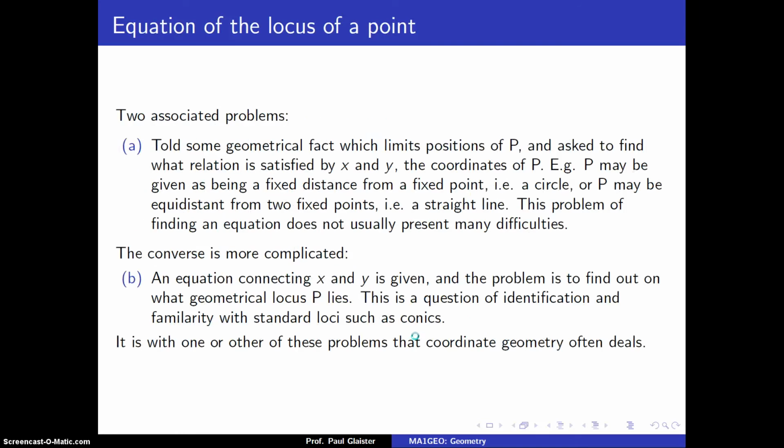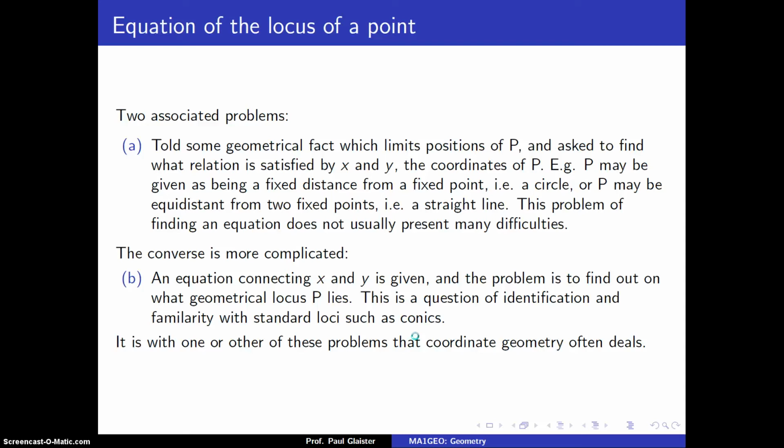Now, there are two types of problems that we will typically be looking at. One is much easier than the other. Typically, we're told a geometrical fact, some rule, from which we can determine the equation of a locus. What's more difficult, and is what usually arises out of solving some different problem, is a locus appears, some equation, and one wants to be able to identify what that is, whether it's a circle or a straight line or whatever other shape.